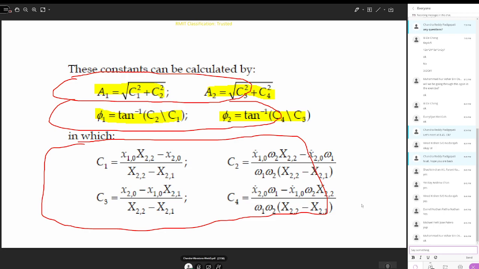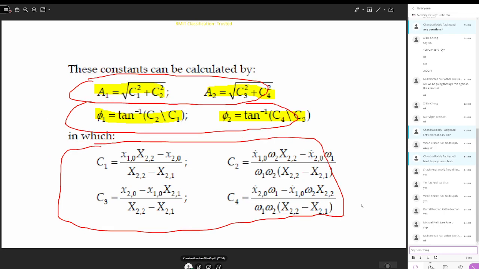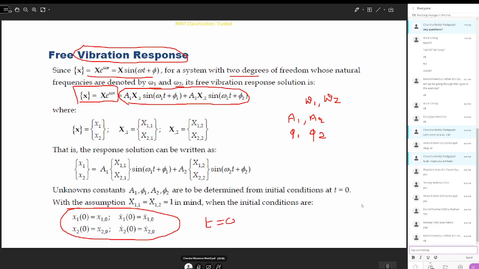Then you can calculate C1, C2, C3, C4. Substituting, you know A1, A2, phi 1, phi 2, then substitute these values here and you will get the response of the system, meaning how the system responds with respect to time. So you can express it mathematically.